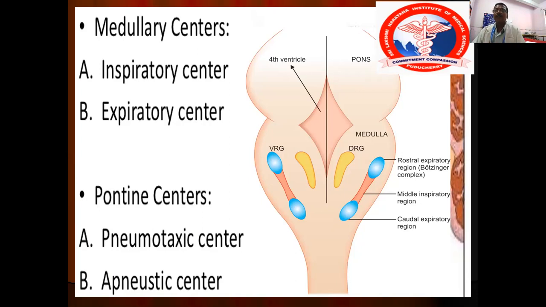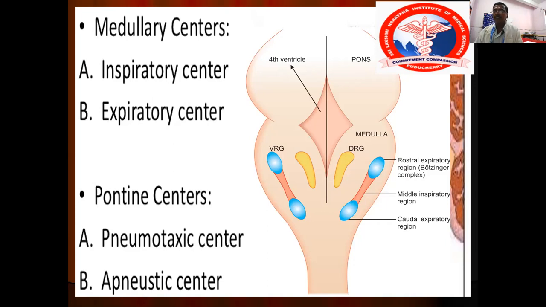Next to that, the medullary center and the pontine center. There are four: the inspiratory center and expiratory center. The inspiratory center is located in the medulla, known as the ventral respiratory group and dorsal respiratory group.